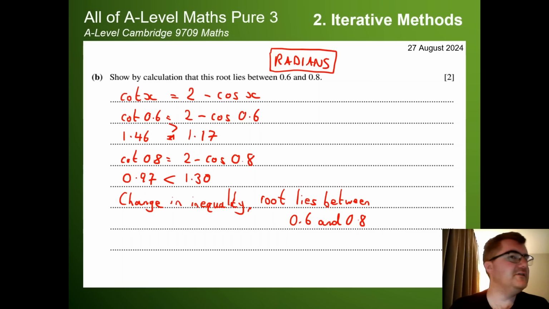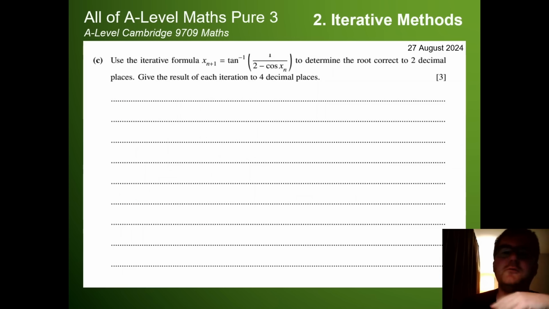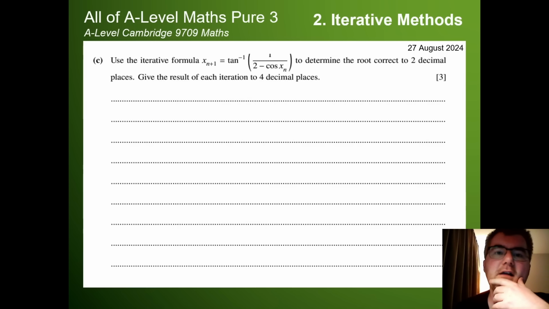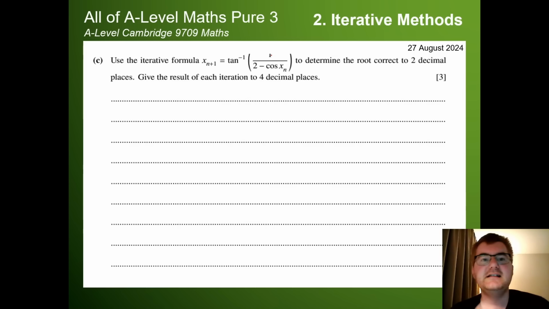And now luckily we're given the iterative formula here, so we don't actually have to work this out ourselves manually. So we've got x sub n plus 1 is equal to tan inverse of 1 over 2 minus cos x sub n, and we need to use this to work out the root correct to 2 decimal places and give the result of each iteration to 4 decimal places.